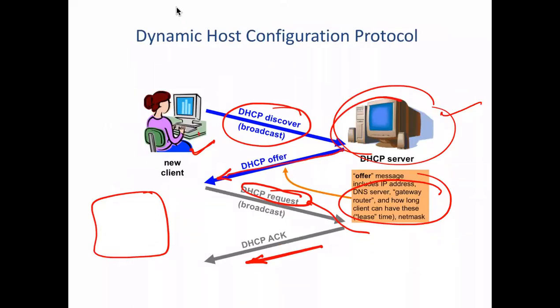Now this machine sends the request again in broadcast mode, because all DHCP servers who have offered must know this mapping, right? That I have accepted one mapping, so they can reuse whatever offers they have made. And this acknowledgement is again unicast, or one-to-one.